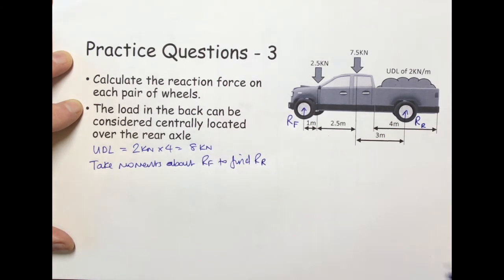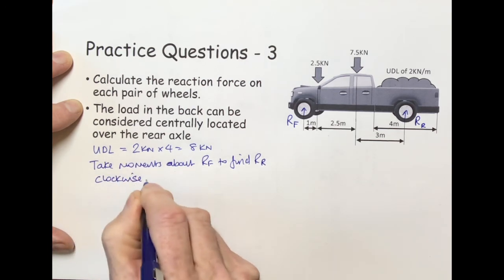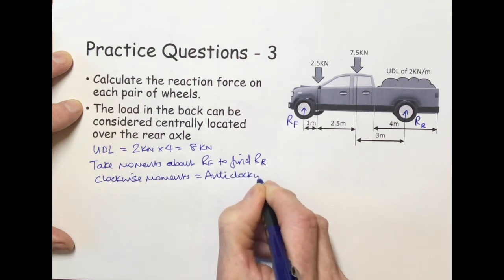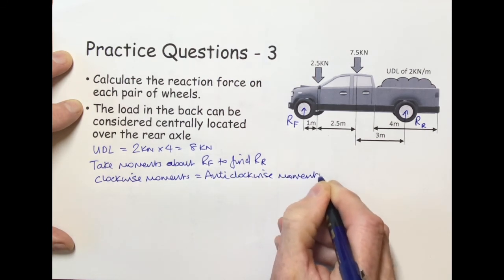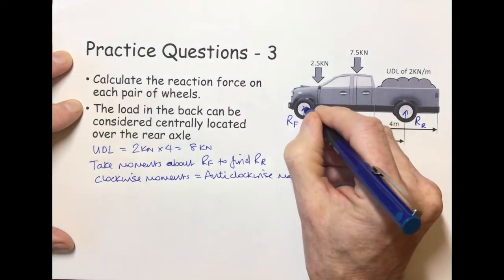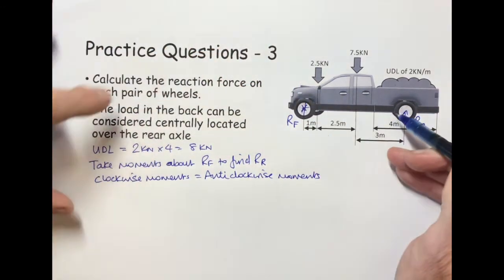Then state the principle of moments: clockwise moments equals anti-clockwise moments, and then working from right to left, we're going to work from this side across to this side here.